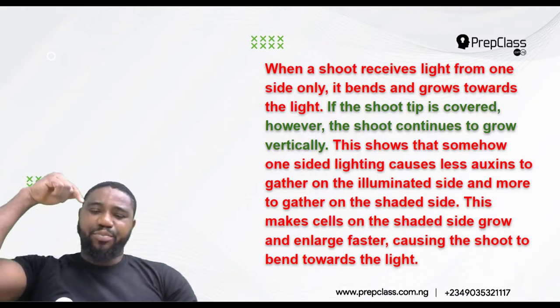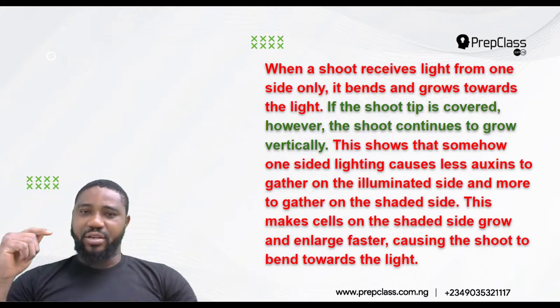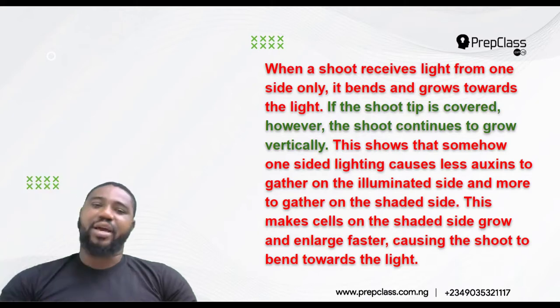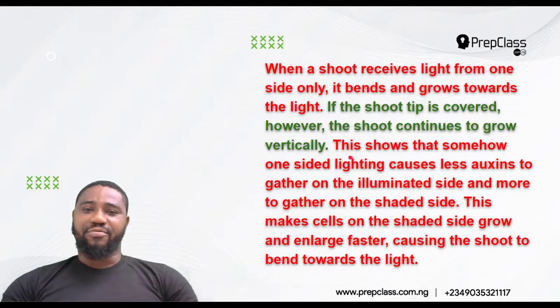Why? The tip of that plant is where the growth hormone, auxin, is located, which is responsible for cell elongation. Now look at what I said. If the shoot tip is covered, the shoot continues to grow vertically, to grow straight without bending.